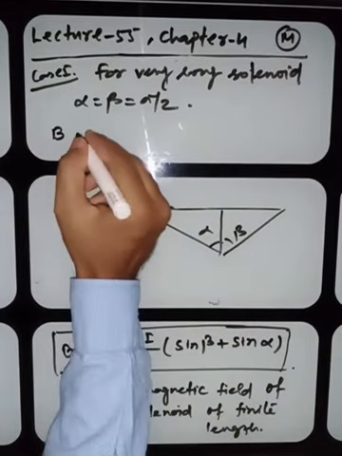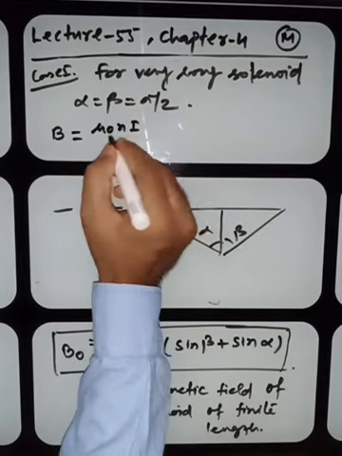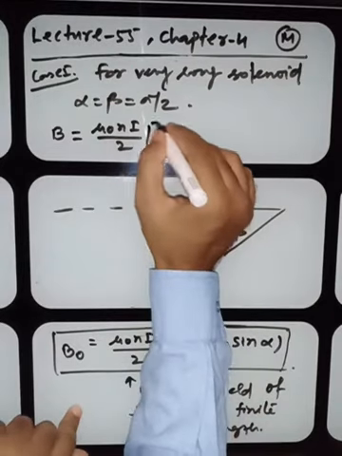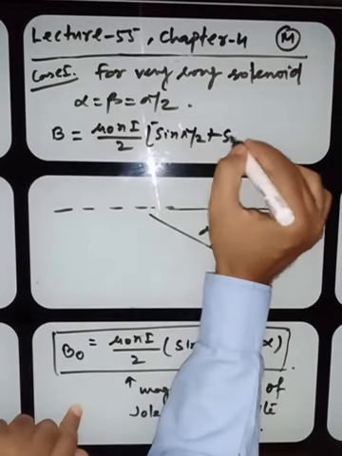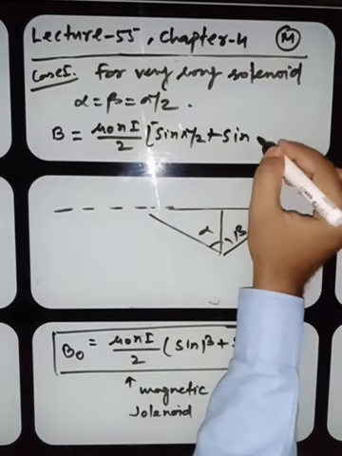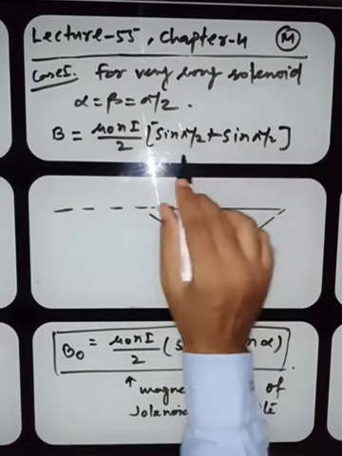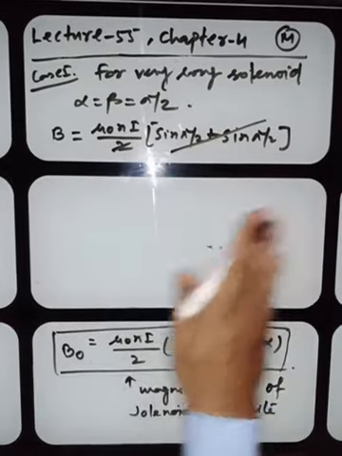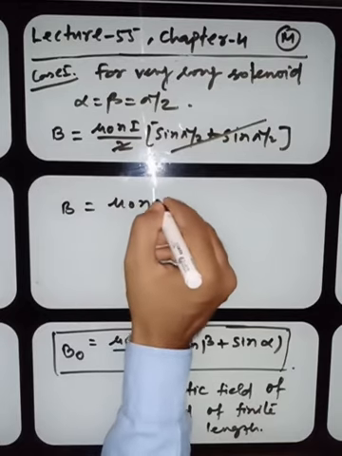We are going to find out the magnetic field at the center. It is mu naught nI by 2 into sine pi by 2 plus sine pi by 2. Here sine pi by 2 is 1 and sine pi by 2 is 1, so the 2 will be cancelled out. So finally we have the result mu naught nI.